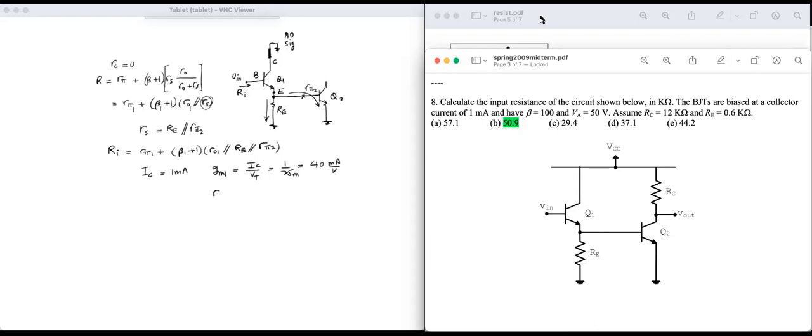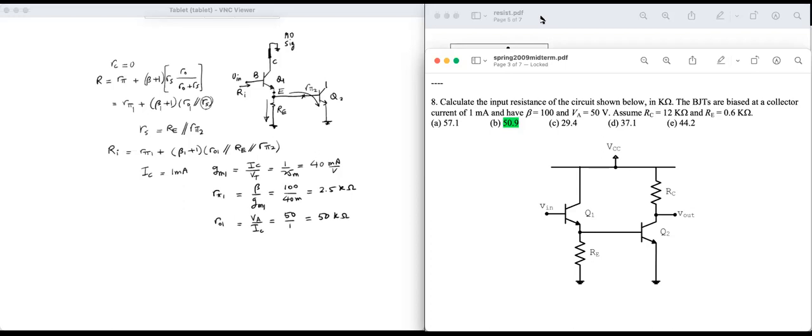And R pi 1 would be beta over GM. Beta is given 100. So 2.5 K. VA is 50, so I can find RO1. VA over IC, and I can use this formula when I neglect VA in the DC analysis only. So 50 over 1, 50K.